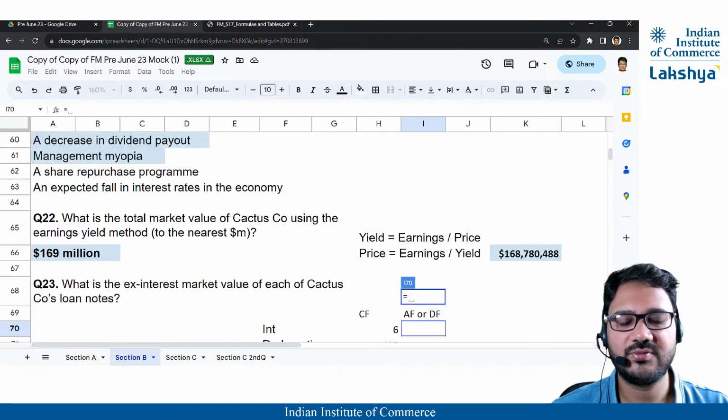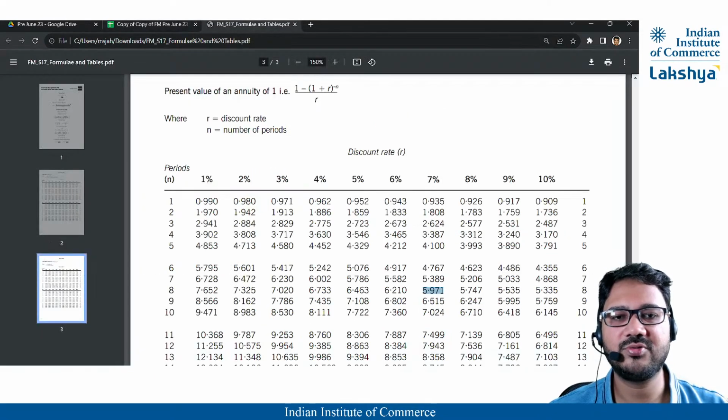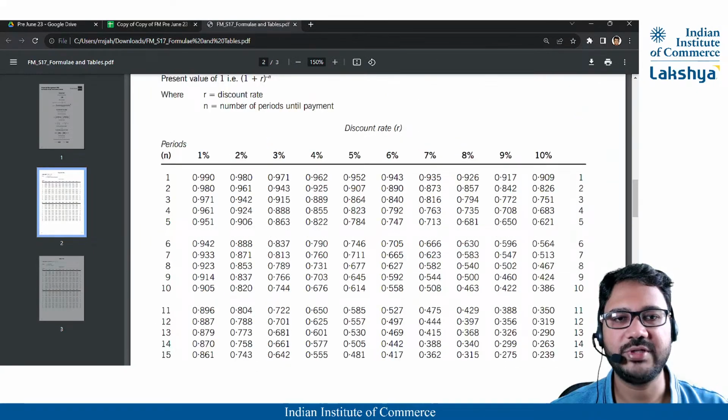So 5.971. And redemption, this is 7% only on the 8th year. So we need the discounting factor table, 7% only on the 8th year because it's received only on the 8th year. So 0.582.